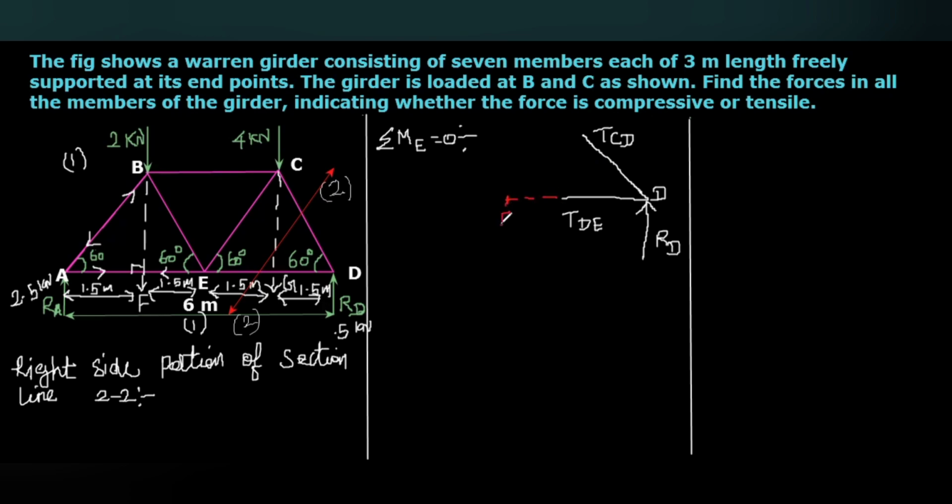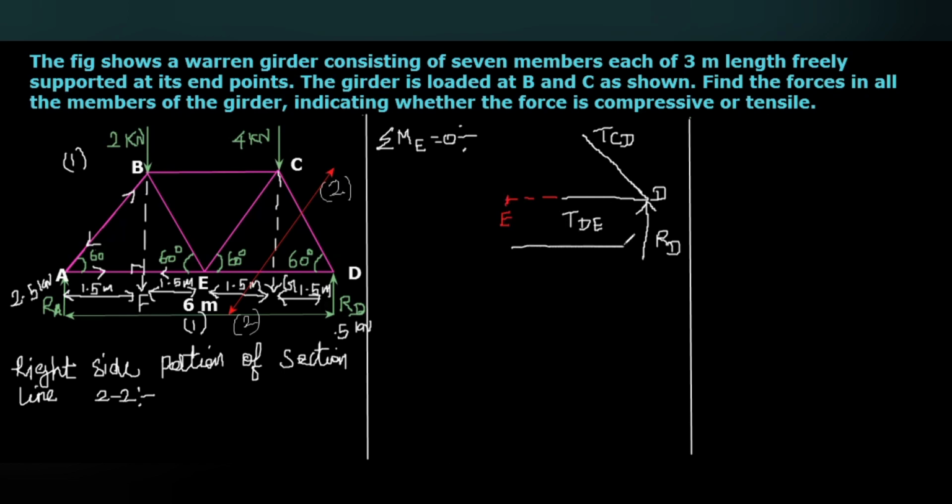The point E will be here. When I take moment about E, here you can see this RD is multiplied with this distance.